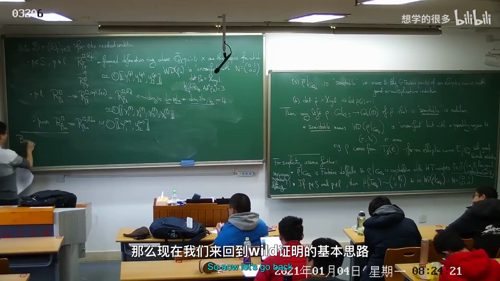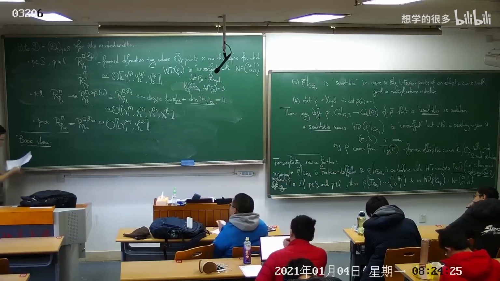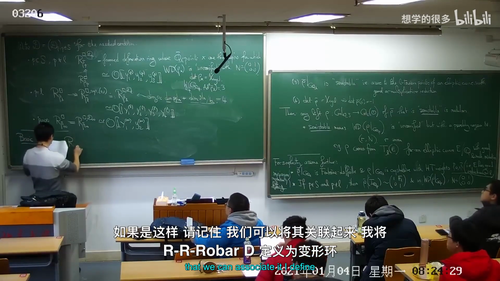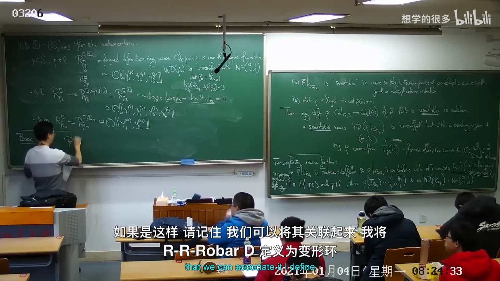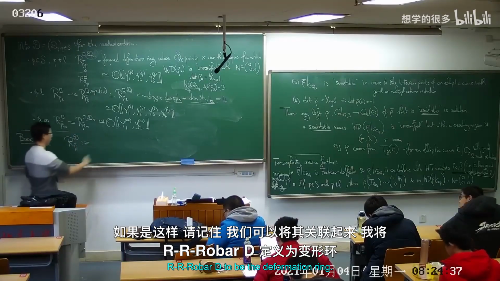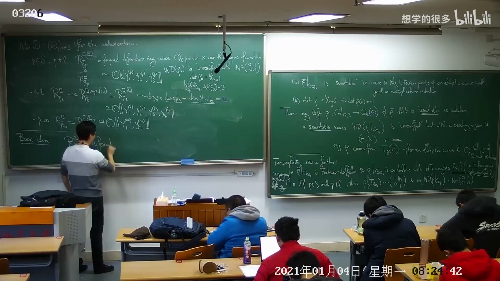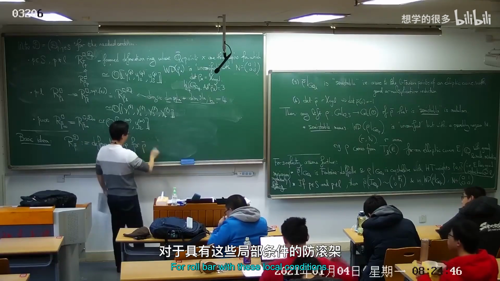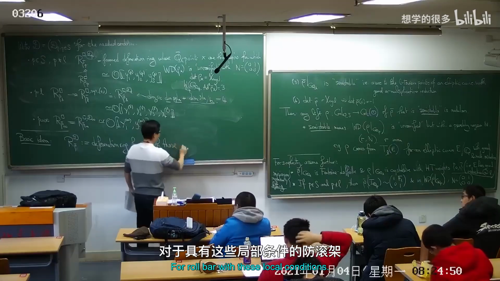So now let's go back to the basic idea of Wiles' proof. I define R rho bar D to be the deformation ring for rho bar with these local conditions.